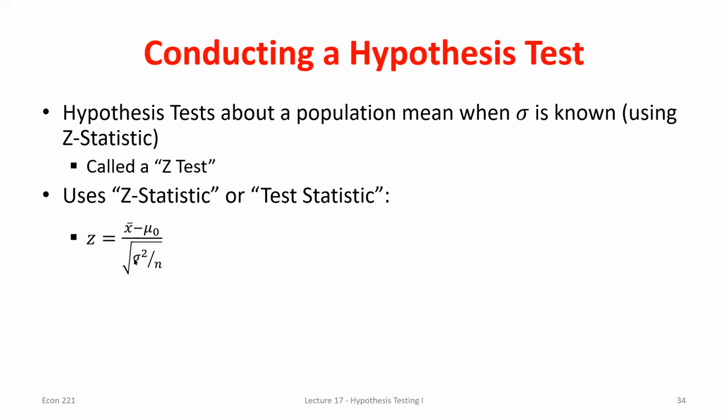And then this denominator just represents what? Do you recall what this represents? Standard deviation, but there's a variance in there. So it's the standard deviation of my sample means, right? The statistic I'm looking at, this denominator represents the standard deviation of that statistic. So the standard deviation of my sample means.